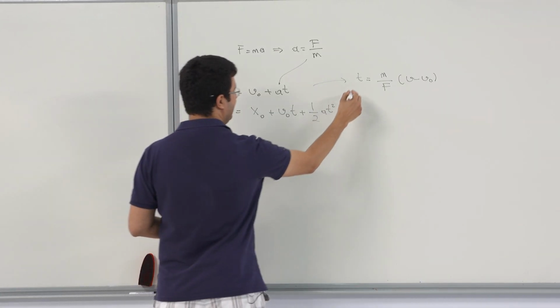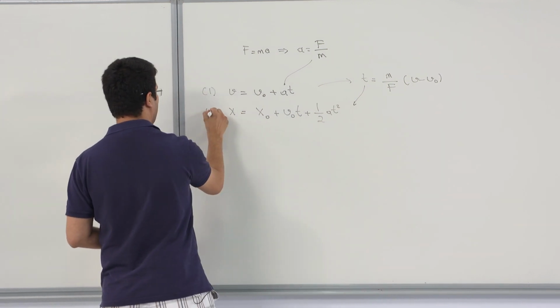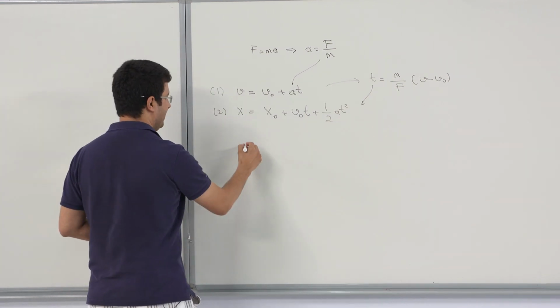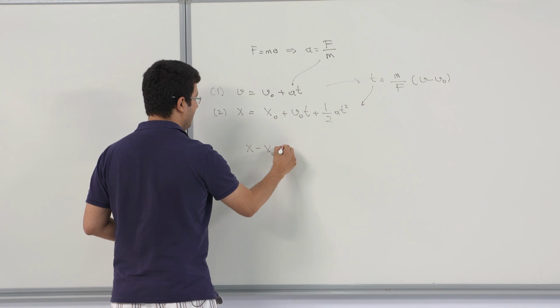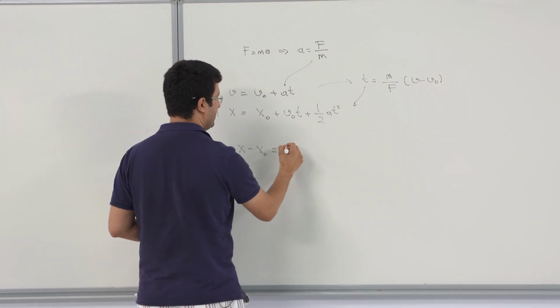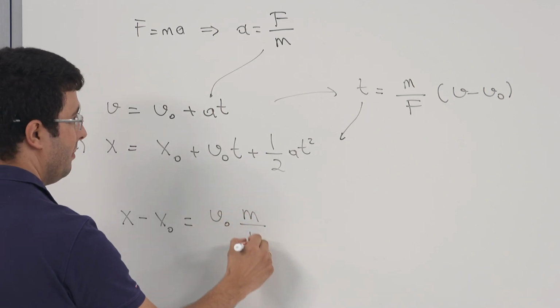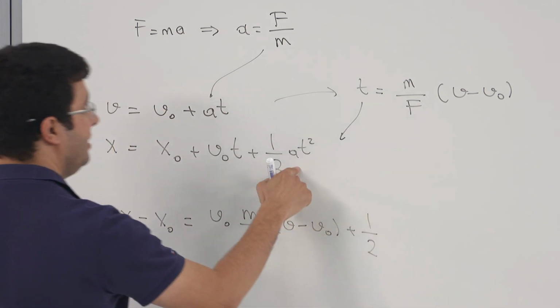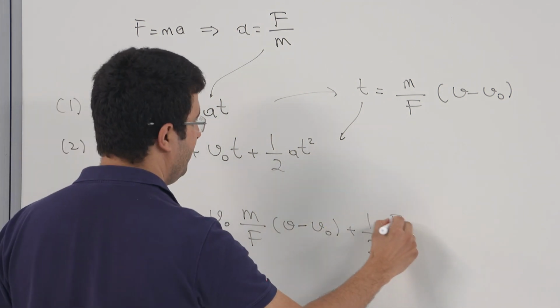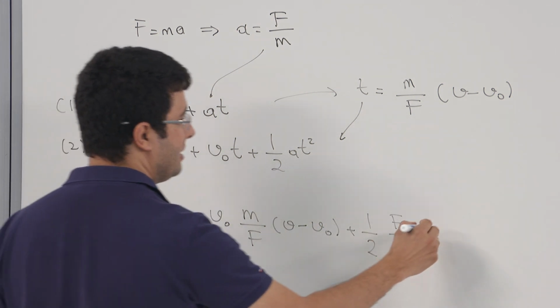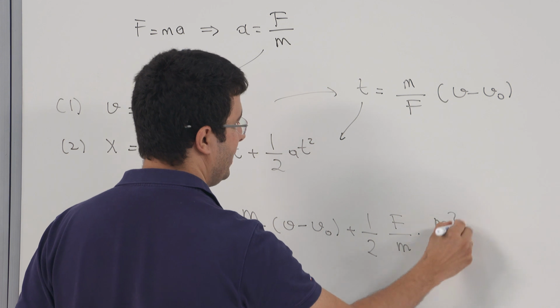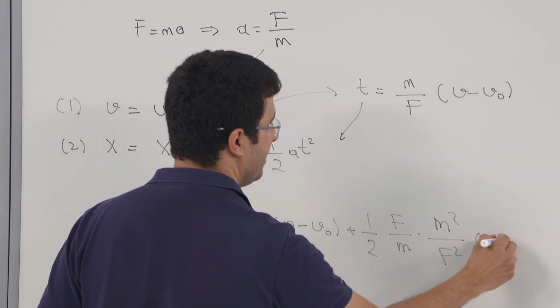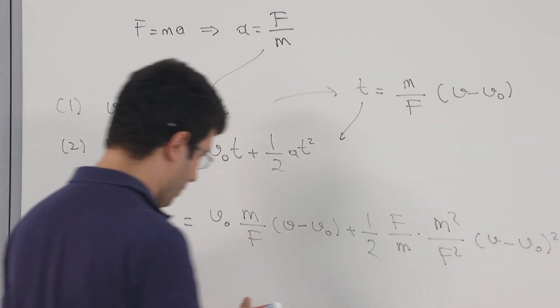Then I can plug this t into equation number 2, which tells me that x minus x0 is simply v0 times t, so it's v0 times m divided by F times (v minus v0), plus a half a t squared, and a is F divided by m, times t squared is m squared divided by F squared times (v minus v0) squared.